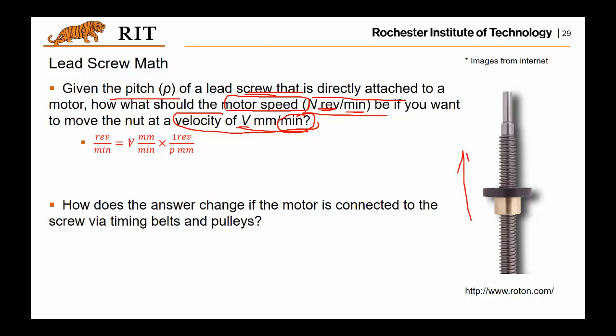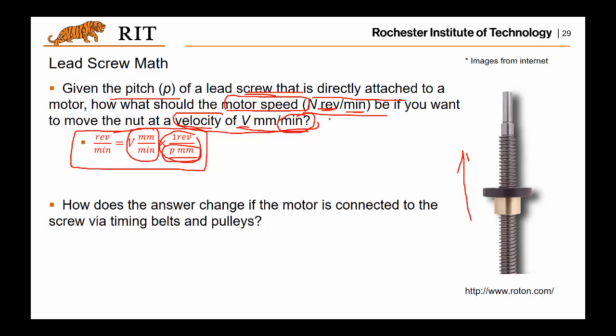So this is V millimeters per minute, and you want this over P millimeters, that is, over the pitch of the screw. By doing so, you will convert this linear velocity to the rotation of the motor.